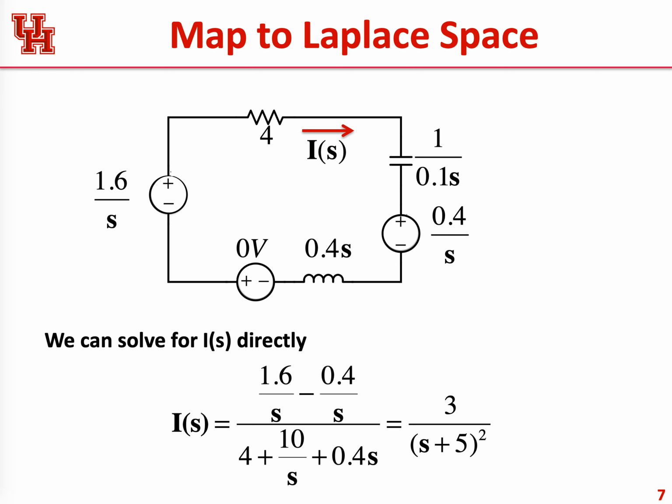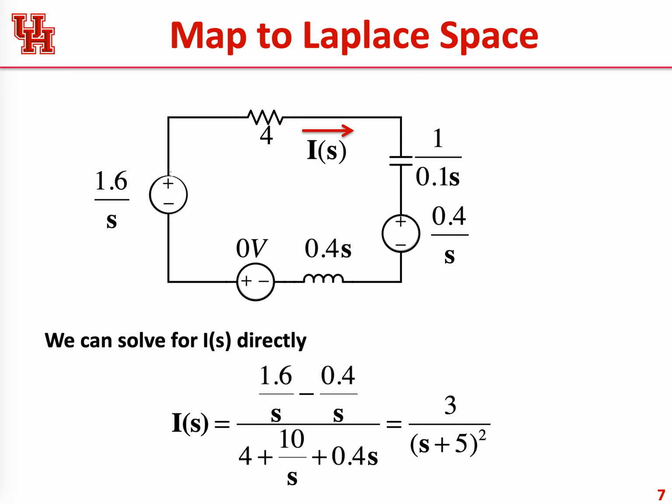Now if I multiply the numerator and denominator by 10, I get 12 divided by 4S squared plus 40S plus 100. Now I can divide throughout by 4. That gives me 3 divided by S squared plus 10S plus 25. This is equal to 3 divided by S plus 5 squared.